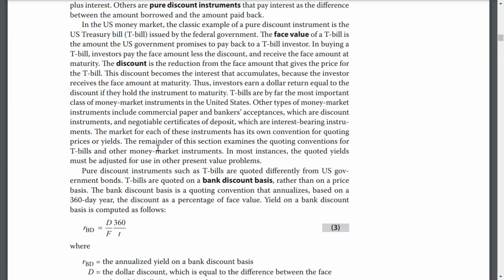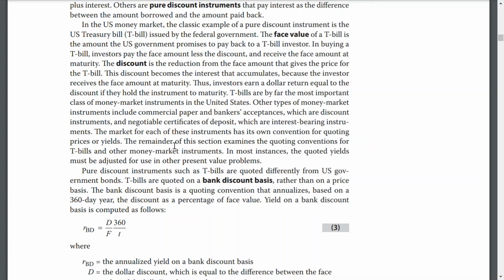In most instances, the quoted yields must be adjusted for use in other present value problems. Pure discount instruments such as T-bills are quoted differently from U.S. government bonds. T-bills are quoted on a bank discount basis rather than on a price basis.